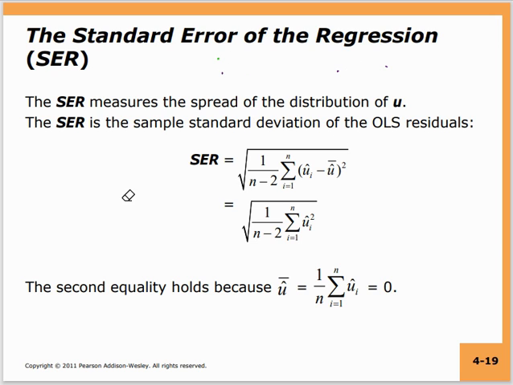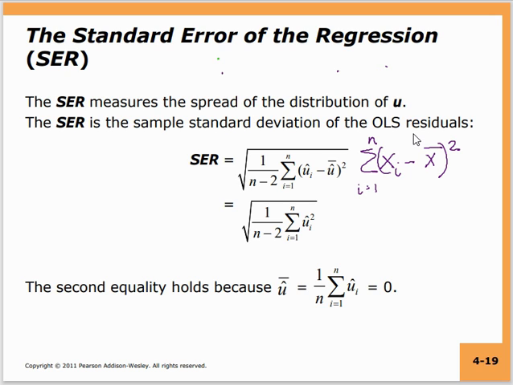So it is the sample standard deviation of the OLS residuals. SER is basically given as the root of 1 by n minus 2 times the sum of ui hat minus u bar, whole square, summed over i equals 1 to n. This is just the same way that you compute the standard deviation for a given variable: xi minus x bar, whole square, summed over i equals 1 to n.